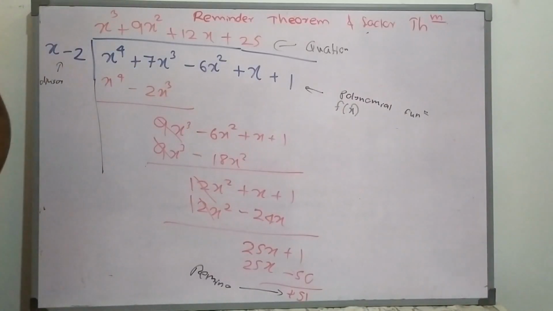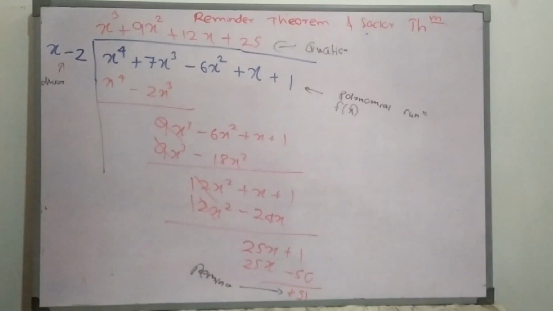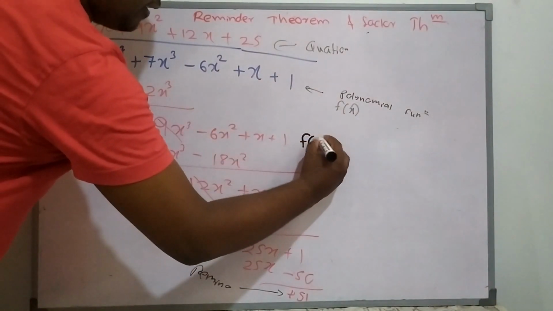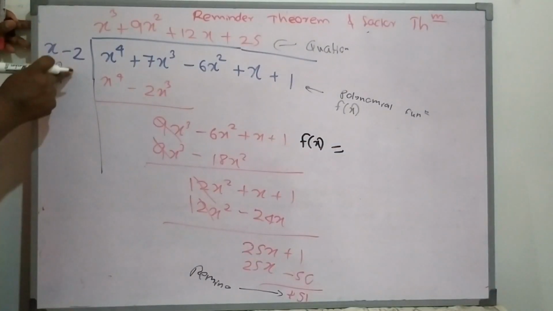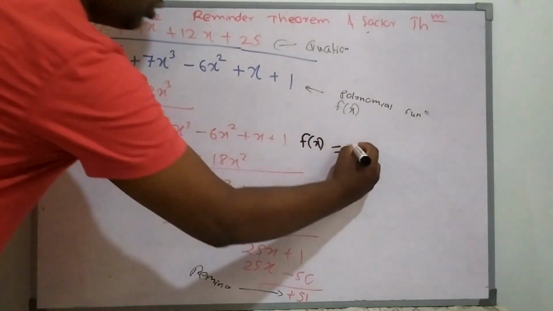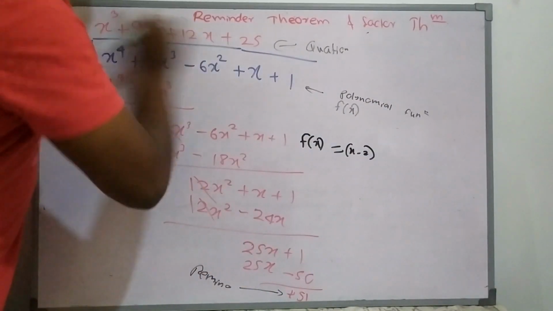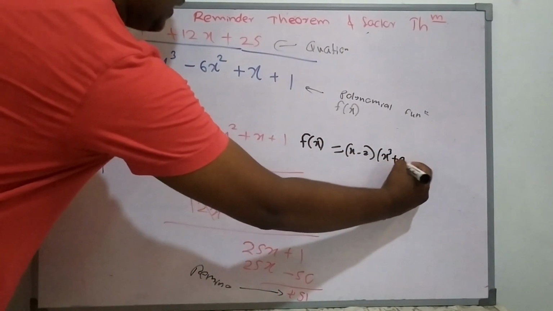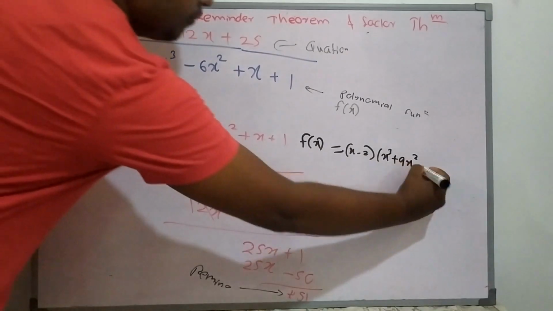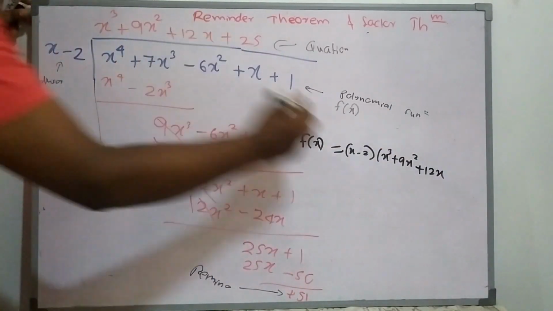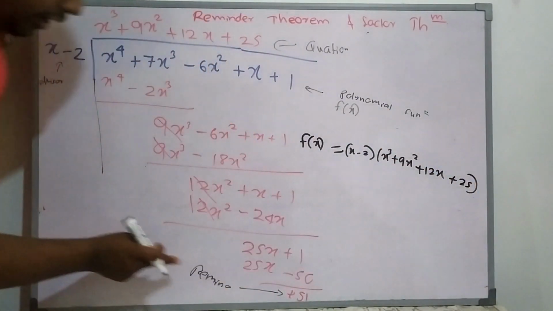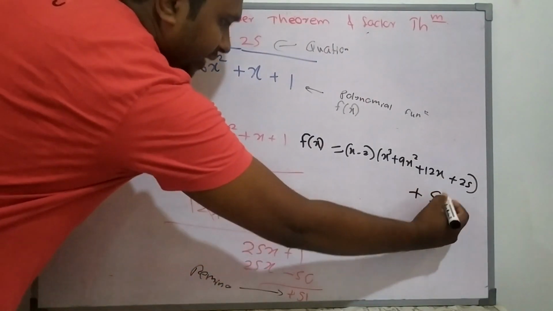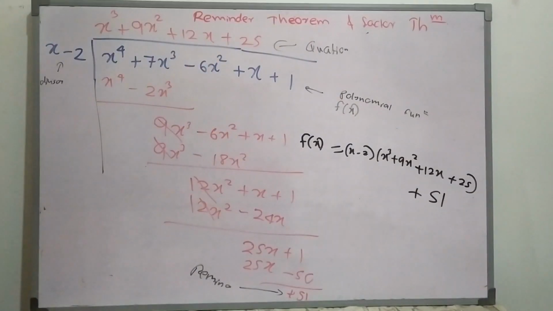Therefore, you can write our f(x) using the divisor and the quotient: (x minus 2) times the quotient x cubed plus 9x squared plus 12x plus 25, and you have to add this remainder as well. So this is our function. This is another way of writing our function using the remainder theorem.